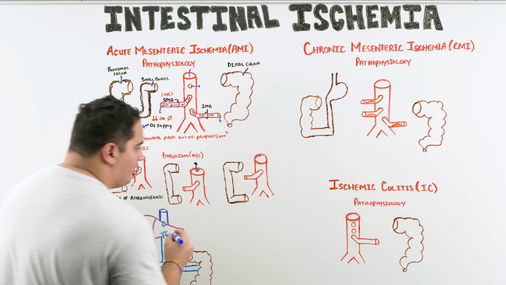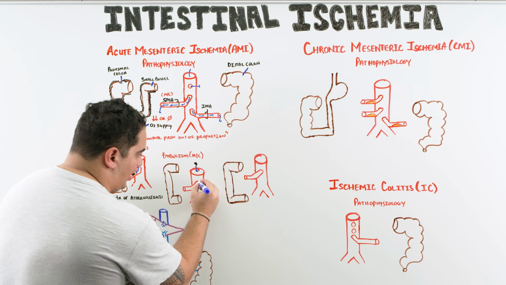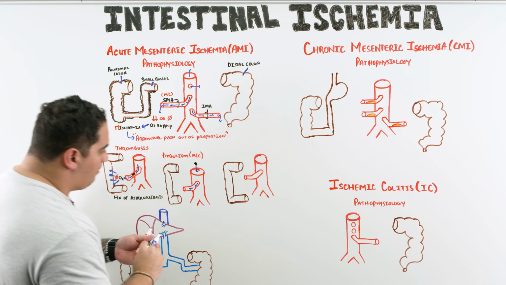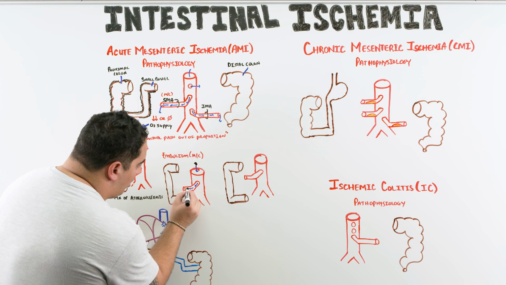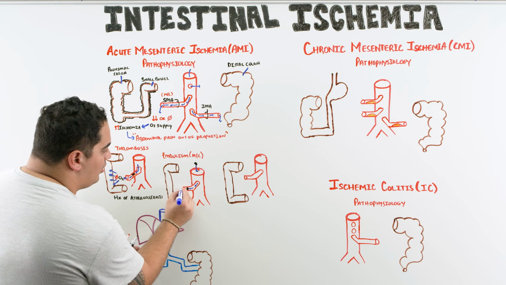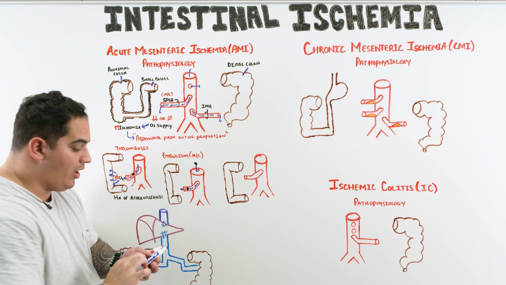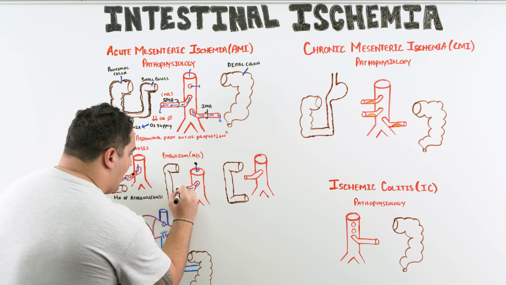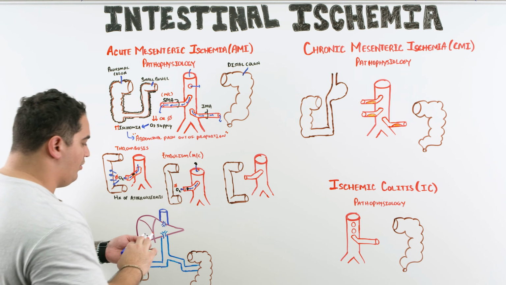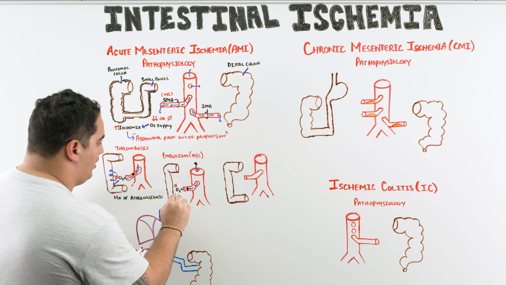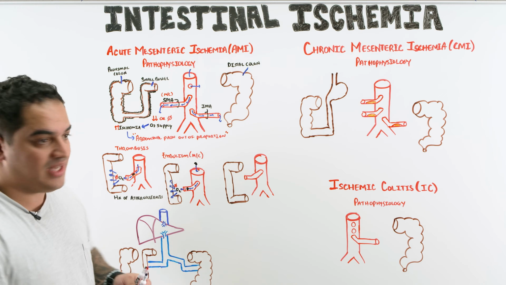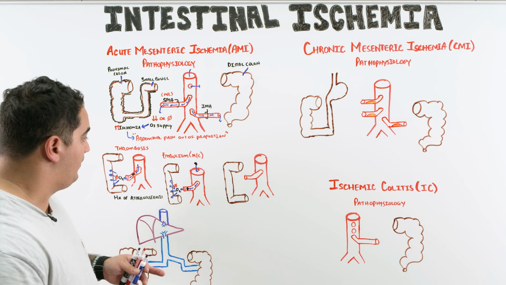It rushed into your systemic circulation, popped into your SMA, and now if it gets stuck in the SMA, are you going to be able to get oxygen to this bowel here? No. And so the O2 supply is going to be shut down. And if I shut down the O2 supply, this bowel will start to become ischemic, and if not reversed, it'll infarct and we'll develop some scary complications, a little writhe and pain.